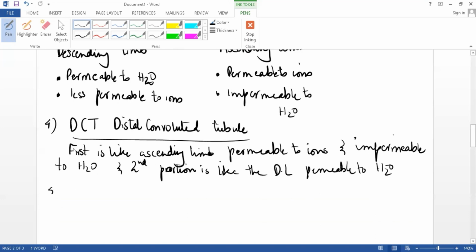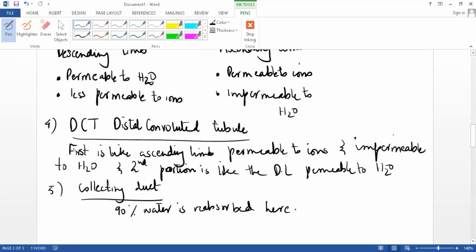Next is the collecting duct. In the collecting duct, 90% of the water is reabsorbed.